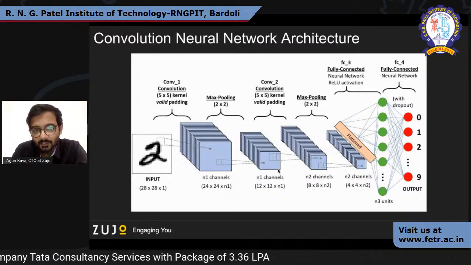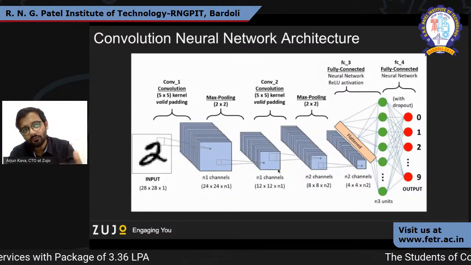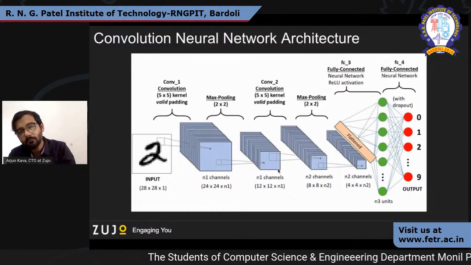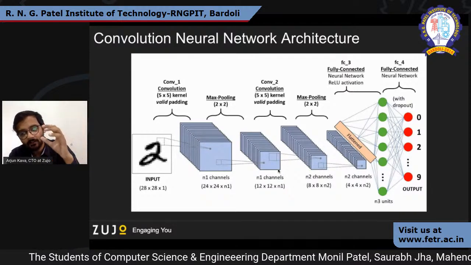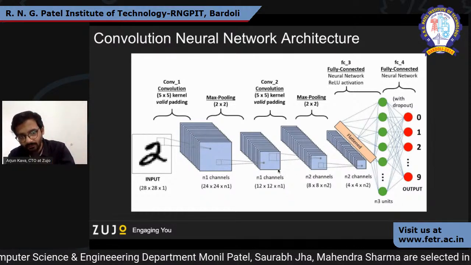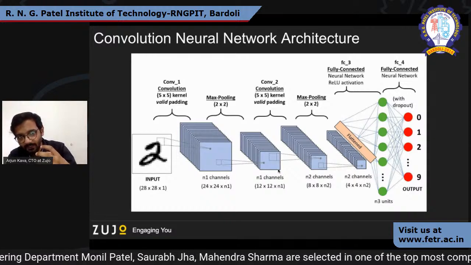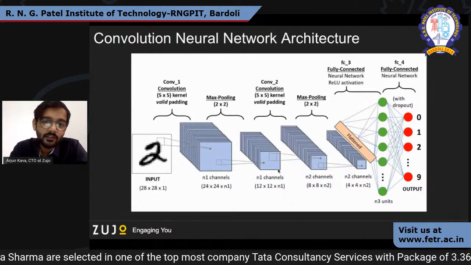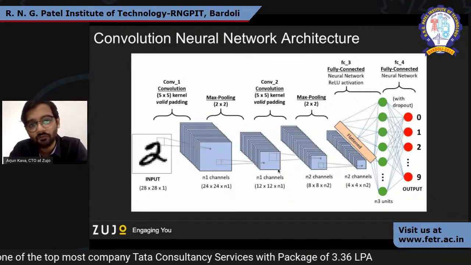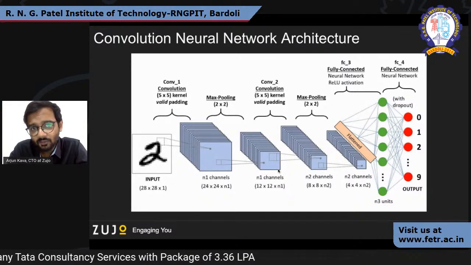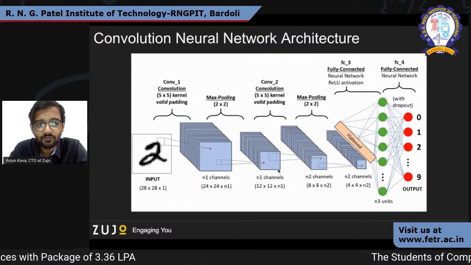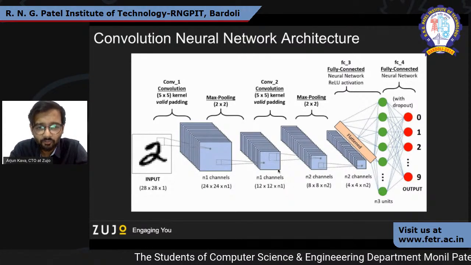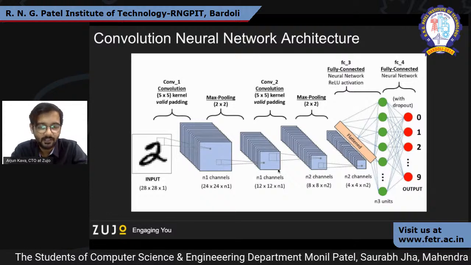So what we are going to do with convolution 1 is decompose the data into lower dimensions. And then the second layer, as you can see, between convolution 1 and convolution 2, uses a 5 by 5 kernel and valid padding, which, as I said, we are going to explain in the next slides.